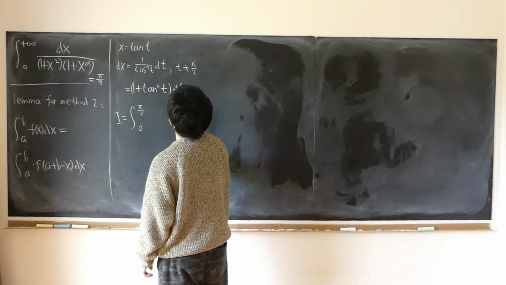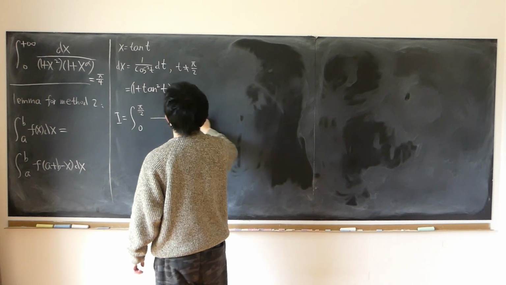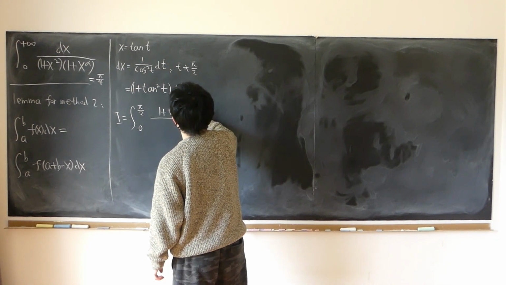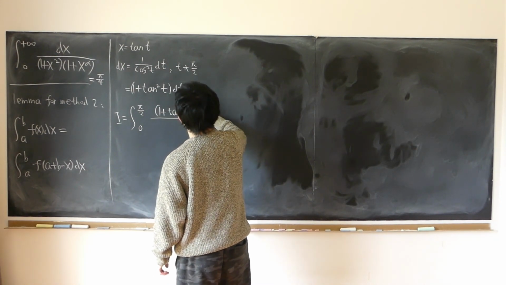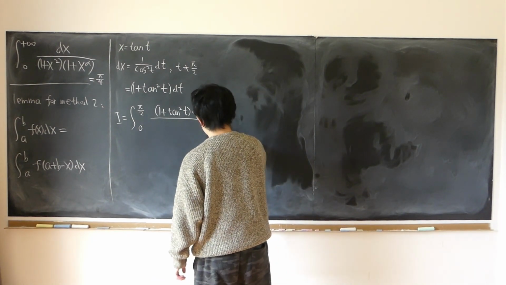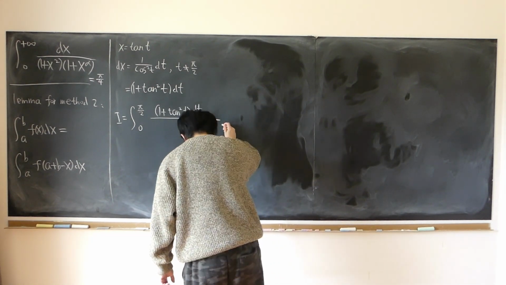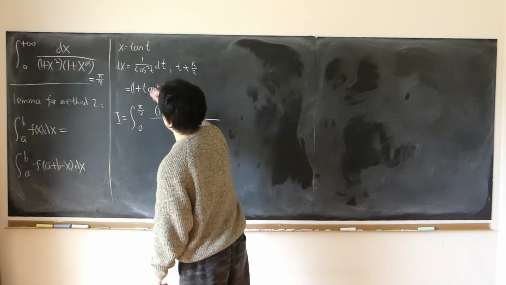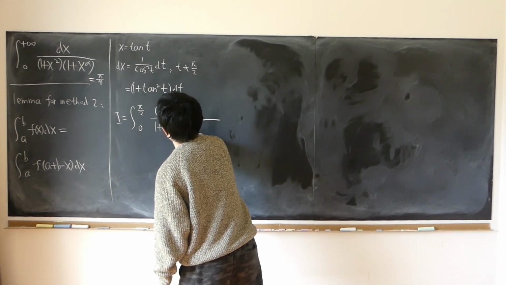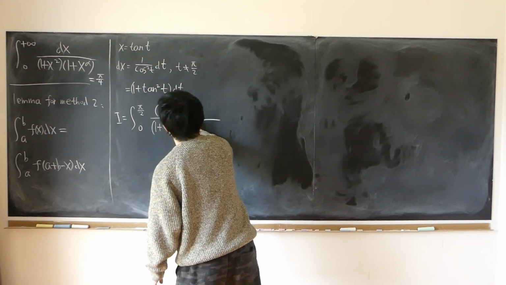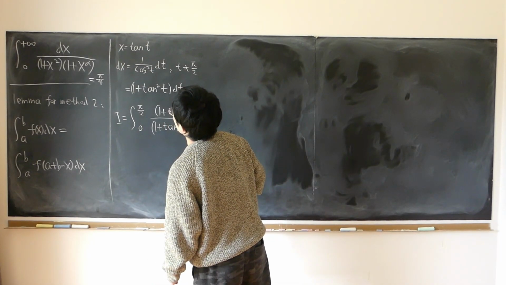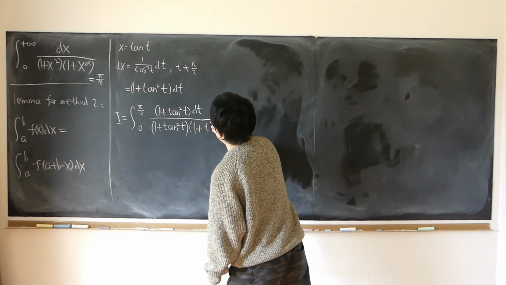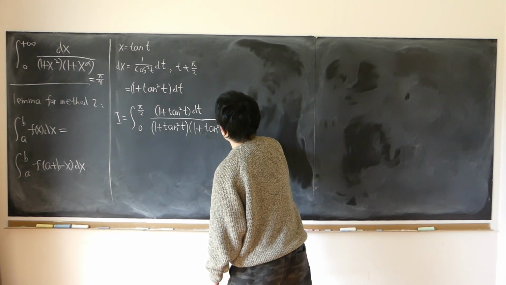So dx becomes this part, 1 plus tangent squared t dt. What's on the bottom? 1 plus x squared, which is 1 plus tangent squared, and 1 plus x to the power alpha, which is 1 plus tangent to the alpha of t.